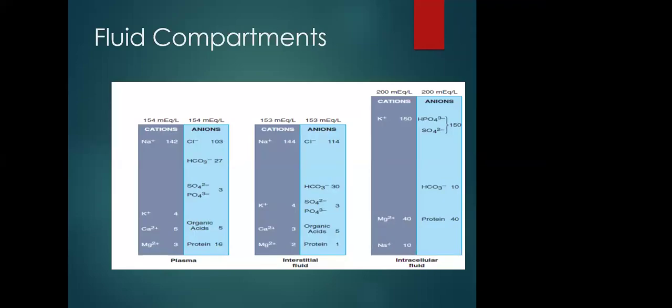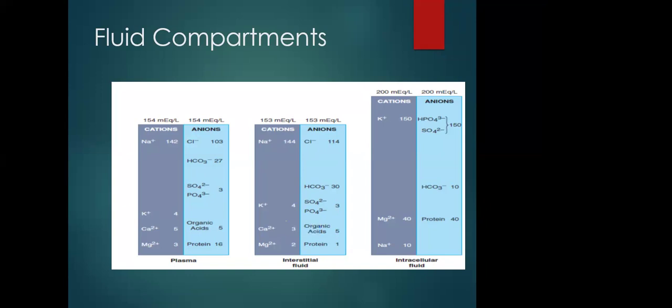Now, talking about the fluid compartment, this is a very, very important part, and understanding of the fluids, everything starts here. Now, you can see we have plasma, interstitial fluid, and intracellular fluid. Now, you have barriers.